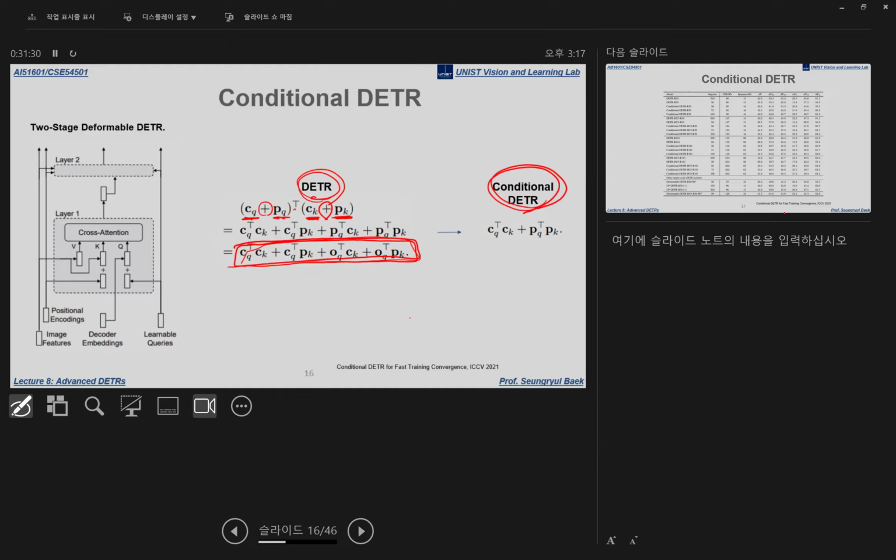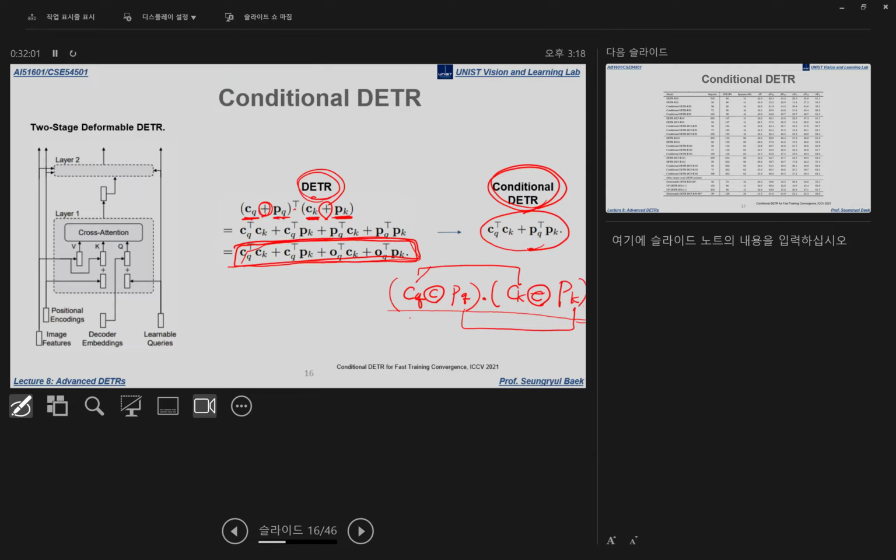But in the conditional DETR, rather than adding the content and positional embedding, they are doing concatenation of these two pieces of information. And when we apply the dot product to this concatenated signal, these two are multiplied, and these two are multiplied, and they are added like this.